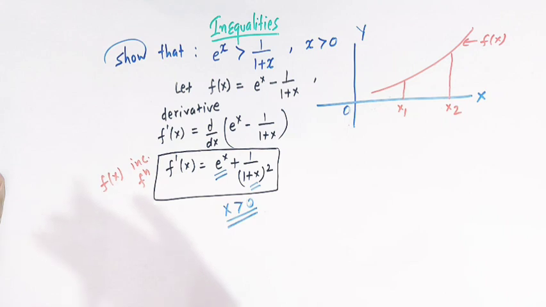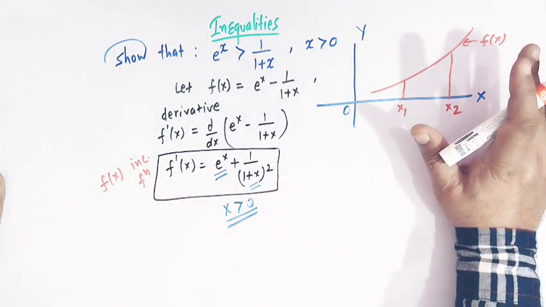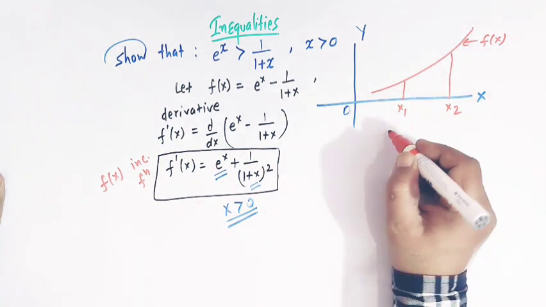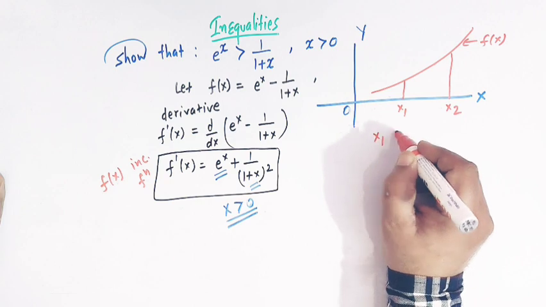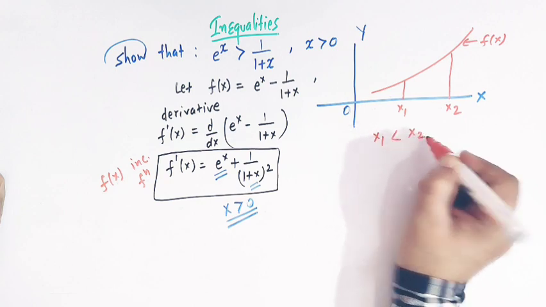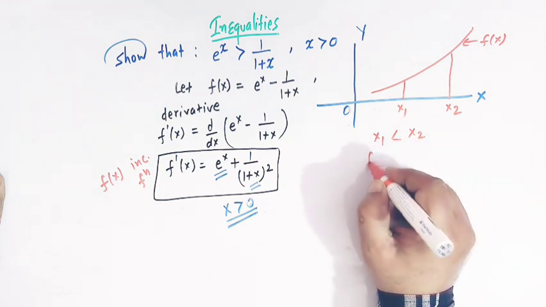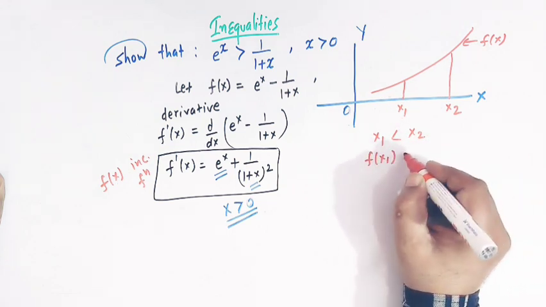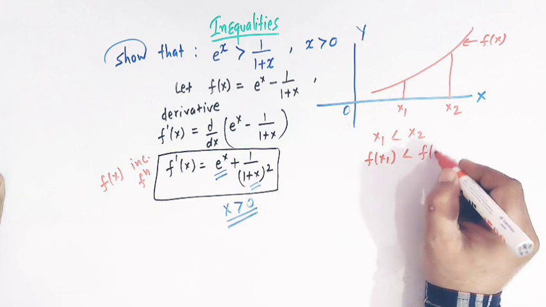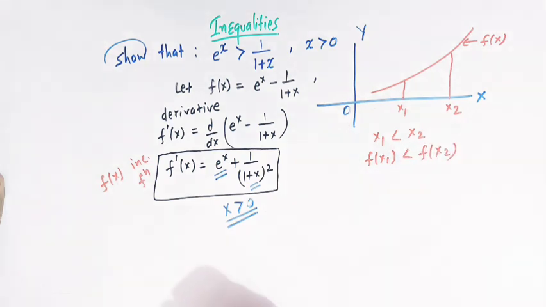The definition of an increasing function goes like this: when x1 is less than x2, or x2 is greater than x1, then f of x1 should also be less than f of x2.